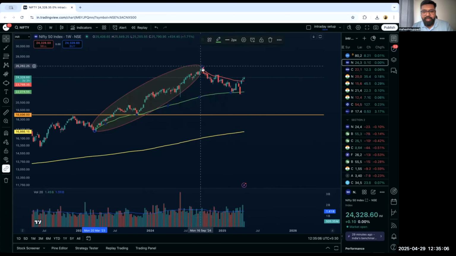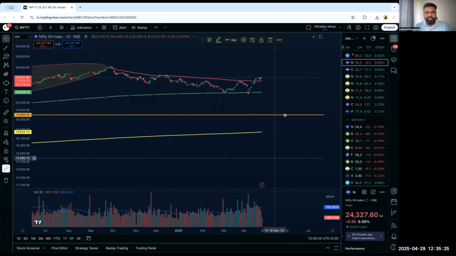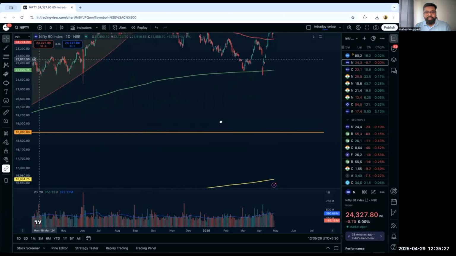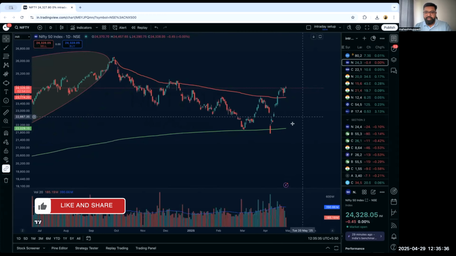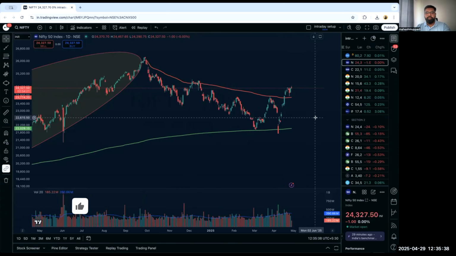If we apply the anchored VWAP on the correction, it gives us the average price of the whole correction that price has gone through, and this is where we can find the resistance. If we go to the daily chart, it clearly gives the level, and price has broken out of this level. It has now taken support on this resistance level, and at least as of now, it is showing strong momentum on the upside.